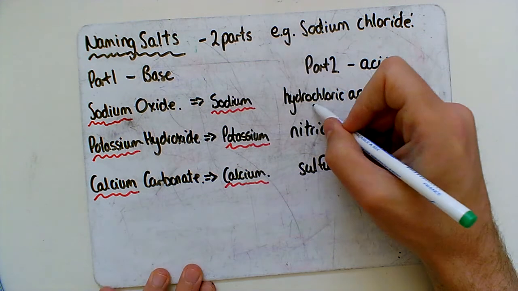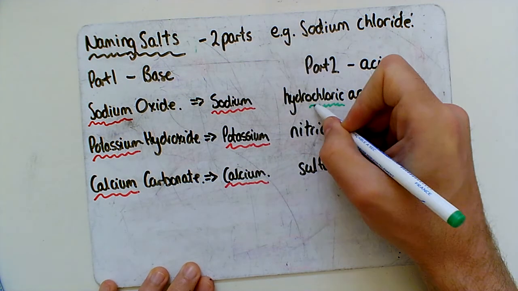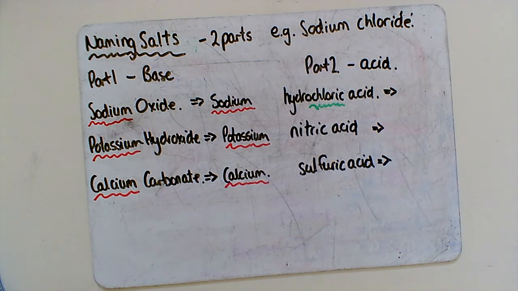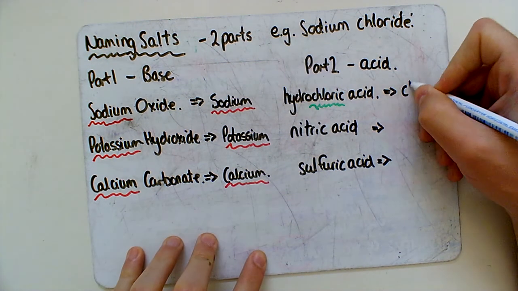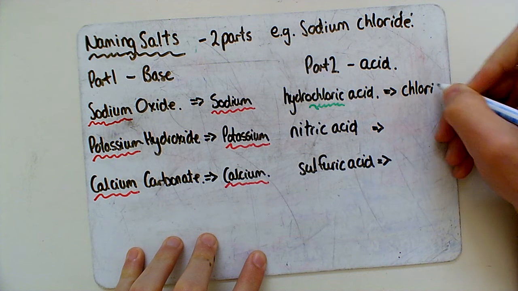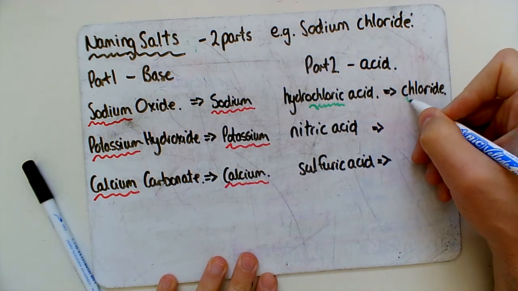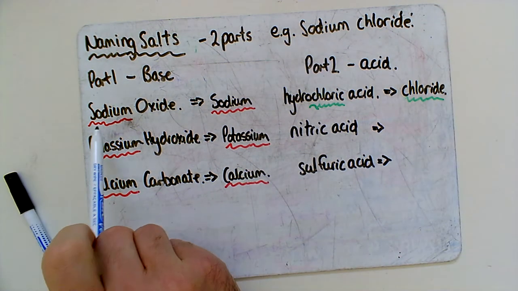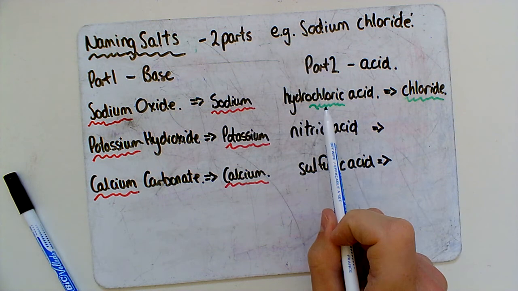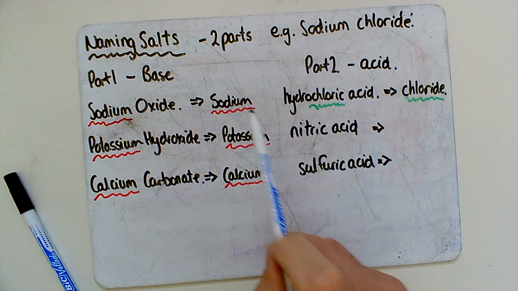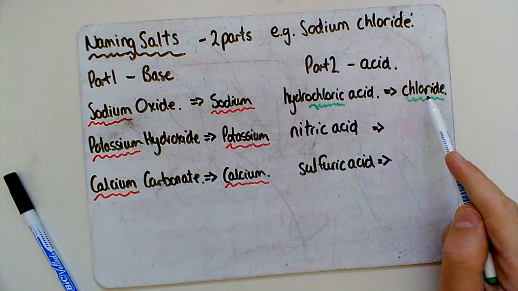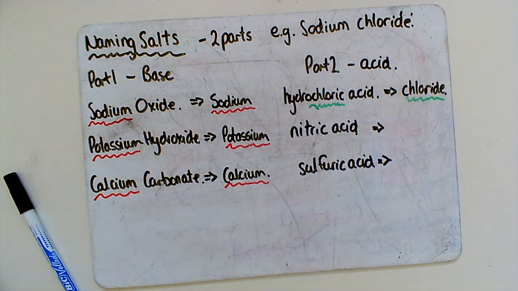So the first one, hydrochloric. Well, we see that it's got chloric in it, and it produces chlorides. So, just as an example, if sodium oxide reacted with hydrochloric acid, we would produce sodium chloride, like this.